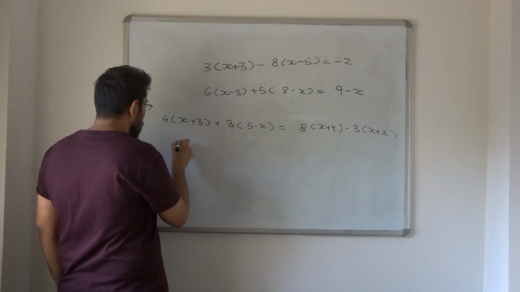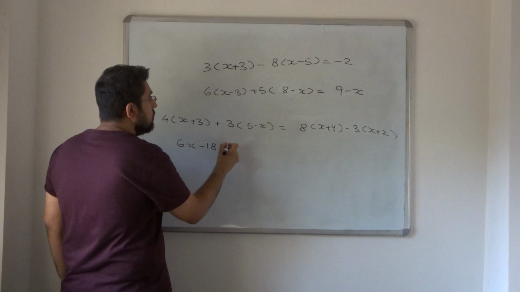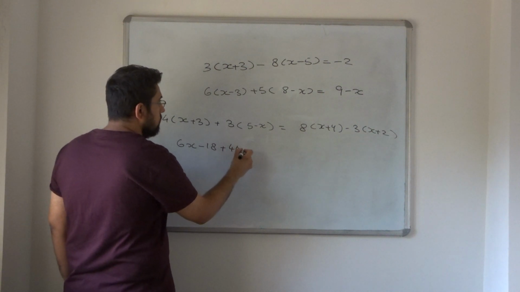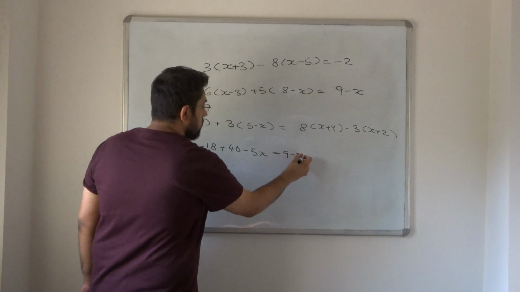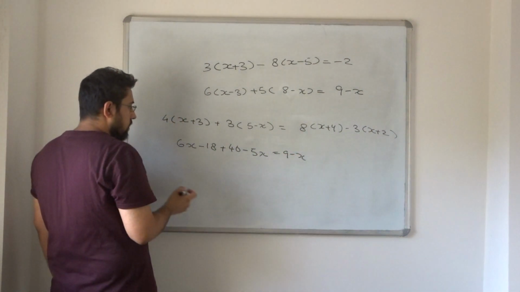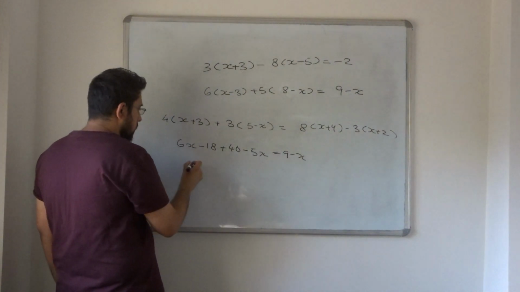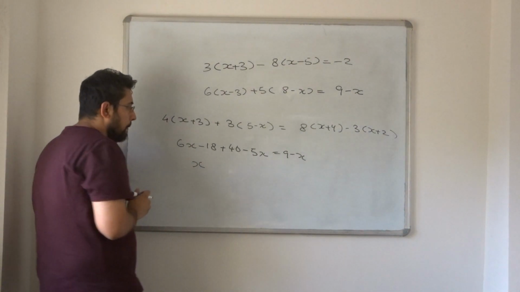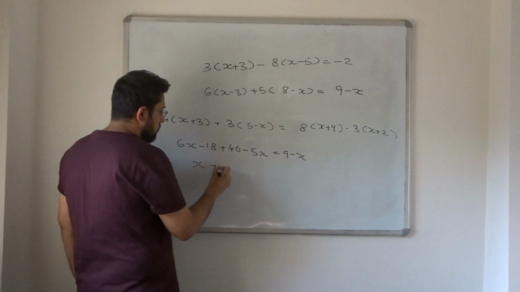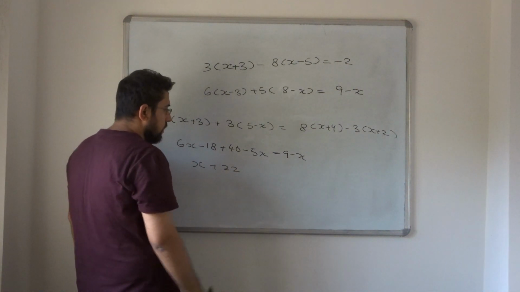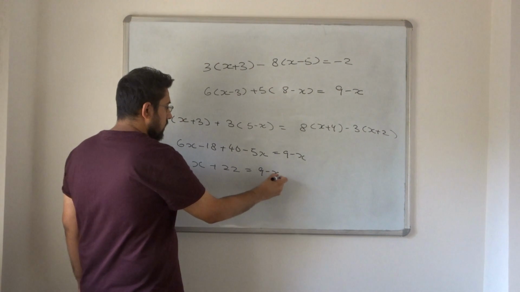Okay, so you have 6x minus 18, plus 40 minus 5x equals 9 minus x. So 6x minus 5x gives you x. Negative 18 plus 40 gives you plus 22. So now you have x plus 22 equals 9 minus x.